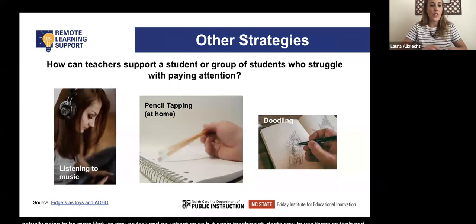So there's also other strategies that teachers can use to support students, like listening to music. Again, there's research that shows calming, quiet, soft music actually enhances attention and focus. Maybe even a white noise machine. So if there's a student that you have discovered or learned that their home environment is rather loud or distracting, maybe suggest, have you tried doing your work with headphones in, playing some instrumental music?